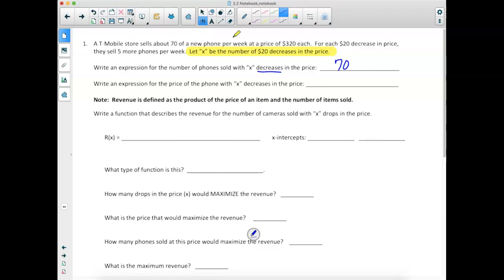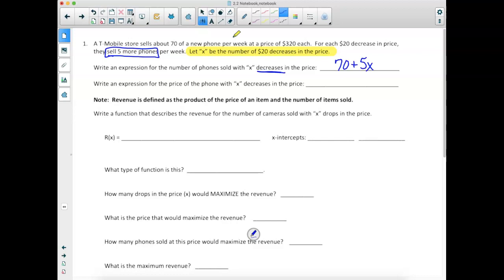With X decreases in price, well, obviously, if they decrease the price, people buy more phones, so they start at 70. For each decrease they add, they're selling 5 more, X times, because if they decrease the price twice, they're selling 10 more phones. If they decrease the price 3 times, they're going to sell 15 more phones, okay?